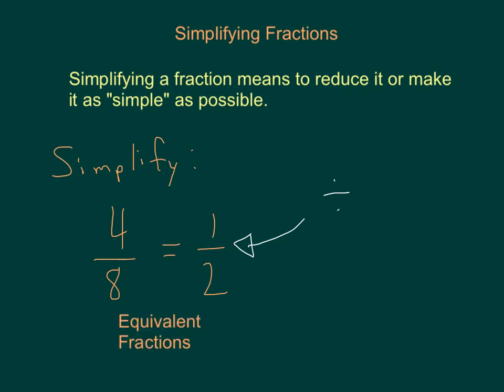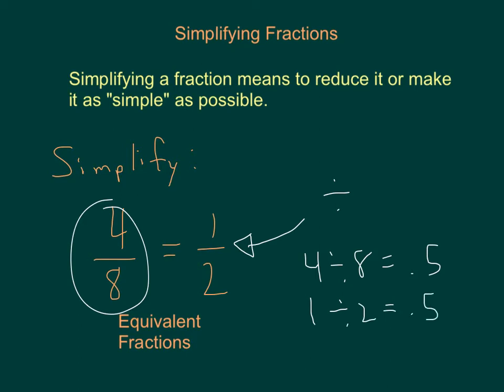We call these equivalent fractions because they may look different, but they have the same value. When you actually go to your calculator and you take 4 divided by 8, it is equal to 0.5. 1 divided by 2 is equal to 0.5.